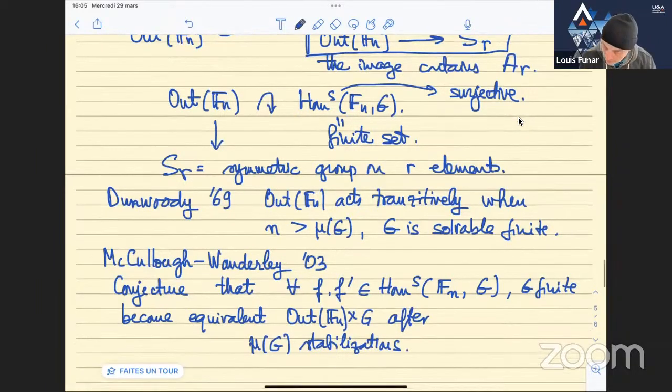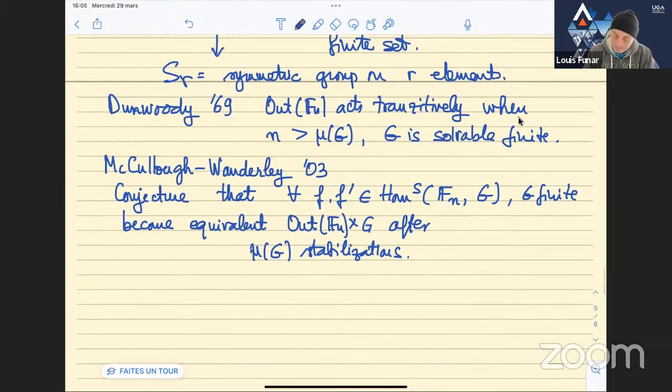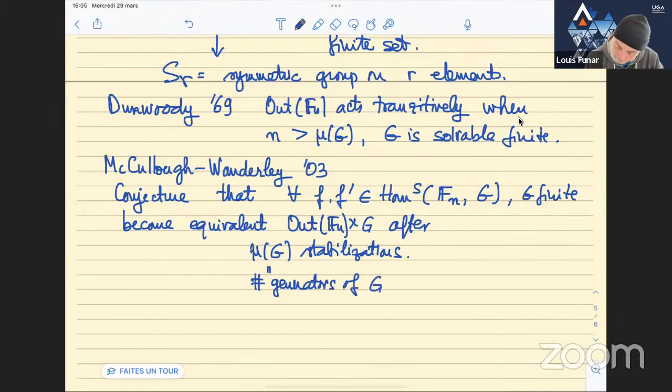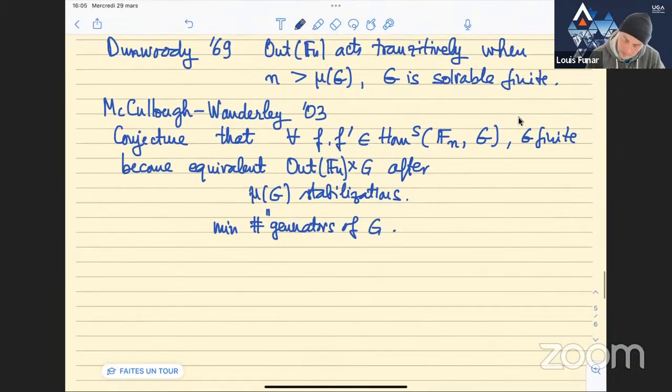So nu of G is just the minimal number of generators of G. There are some partial results in this direction, but they are not really a breakthrough yet.